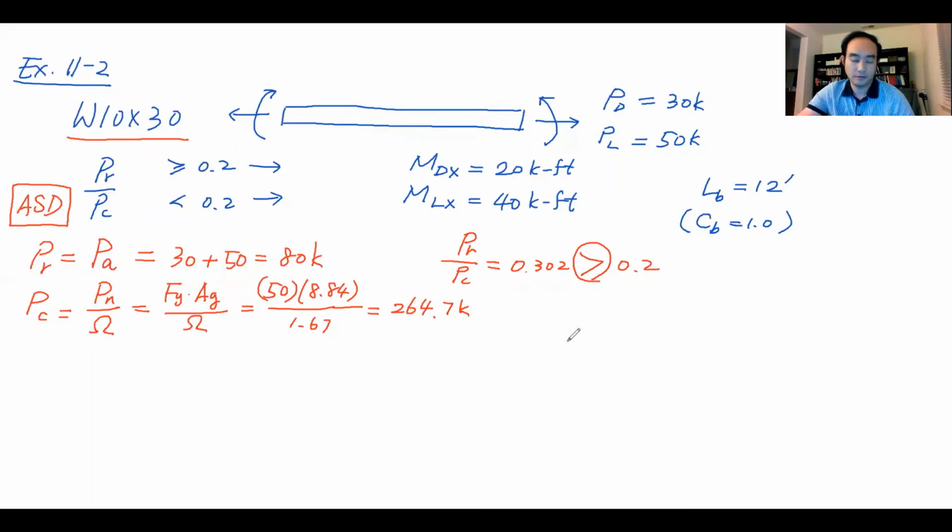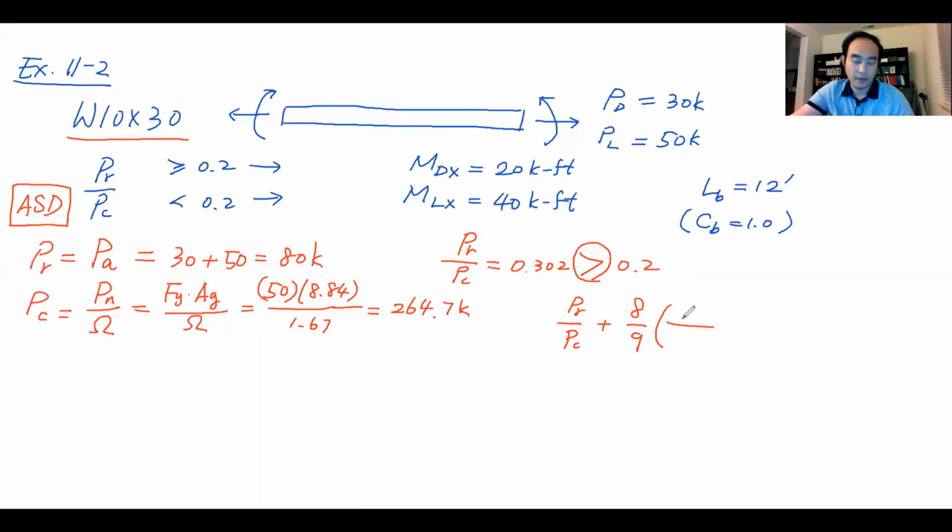Okay. So again, in the slide that I gave you, you can easily find the equation for beam column when PR over PC ratio is larger than 0.2. The corresponding equation looks like this: PR over PC plus 8 over 9. So we have now the coefficient, and there's no 2 in the denominator for this ratio. That's the difference between this equation and the other one.